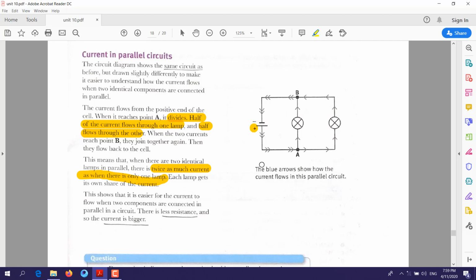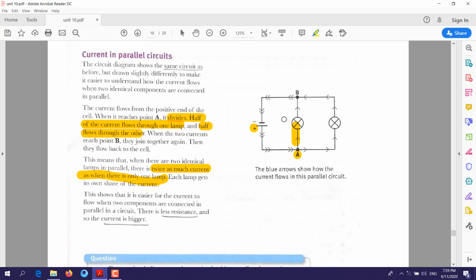It will move from the positive end of the cell until it reaches point A. When it reaches point A, it divides. The current will be divided. Some of the electric current will go to the first bulb.